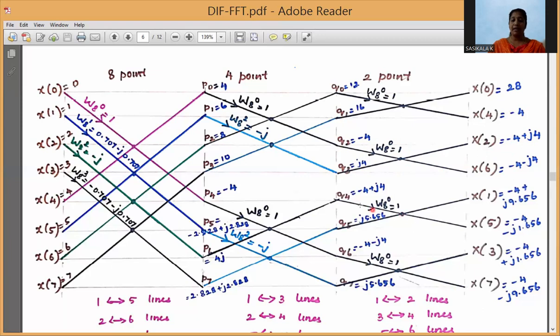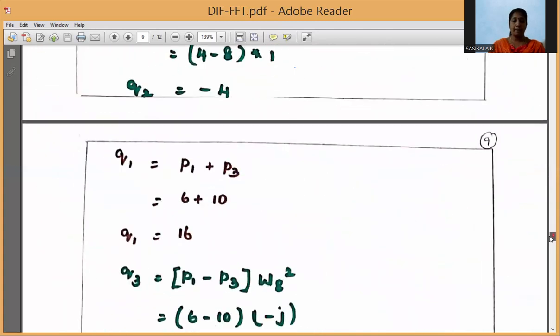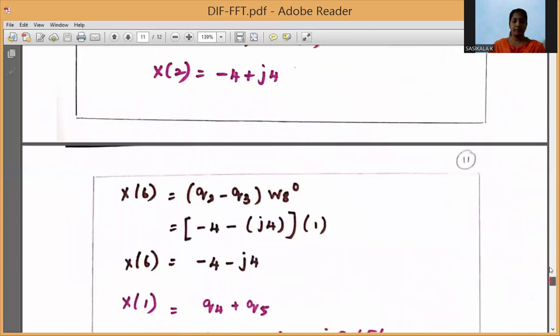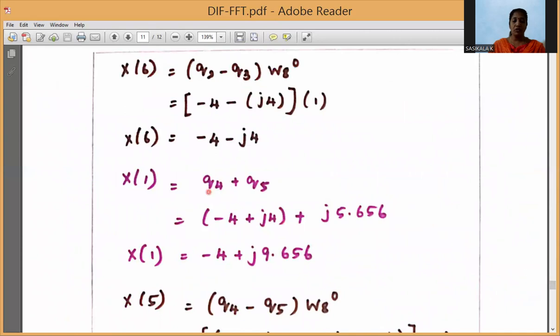For the third butterfly, the inputs are Q4 and Q5. And the outputs are X of 1 and X of 5. So X of 1 equal to Q4 plus Q5. So Q4's value is minus 4 plus J4 plus Q5 value is plus J 5.656.